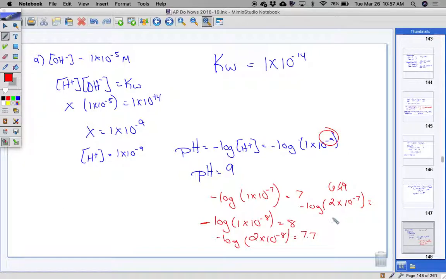All right, do 9 times 10 to the negative 7th. 6.05, 6.04. Now do the negative log of 9 times 10 to the negative 8.